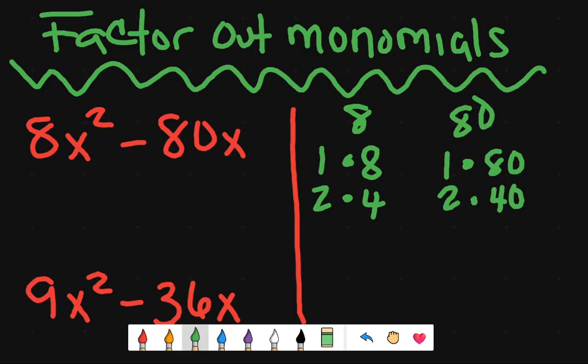So then we go to 4. 4 times 20. How about 5? 5 times 16. What about 6? No. What about 7? No. What about 8? Yes, 8 times 10.